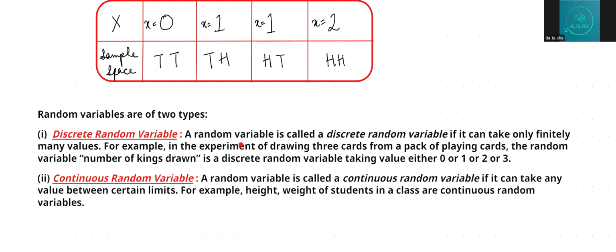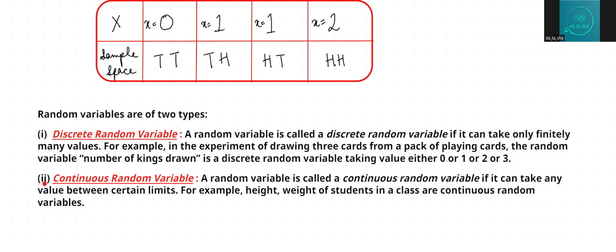So for example, in the above example, the tossing of two coins is a discrete random variable example. And also, when you are drawing three cards from a pack of playing cards, the random variable would be the number of kings drawn or the number of queens you are drawing. So that becomes a discrete random variable.